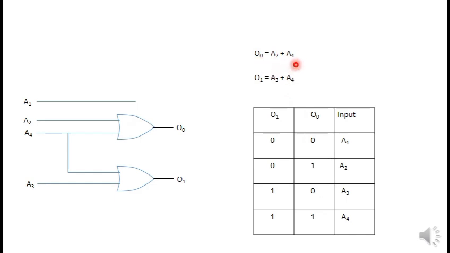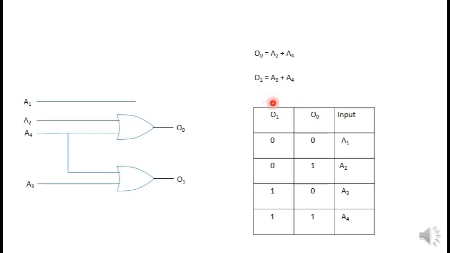So we can represent this logic as O0 equals A2 plus A4. Here plus represents the OR gate operation. So if either of A2 or A4 is active, O0 will be active.